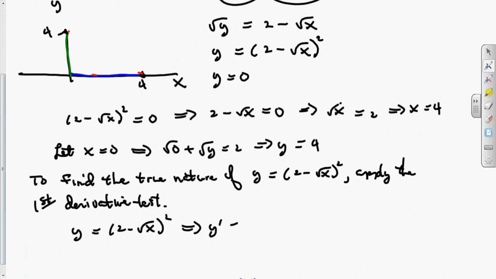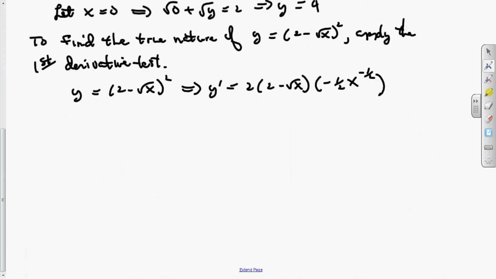This implies that y prime is equal to 2 times 2 minus the square root of x, times the derivative of 2 minus the square root of x, which is negative 1/2 times x to the negative 1/2. The 2's cancel, and so I have just a negative in front, 2 minus the square root of x, all over the square root of x.